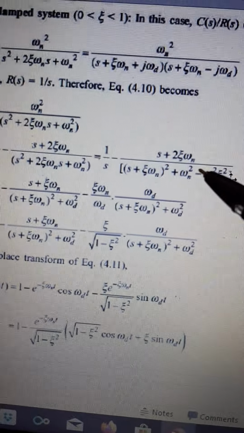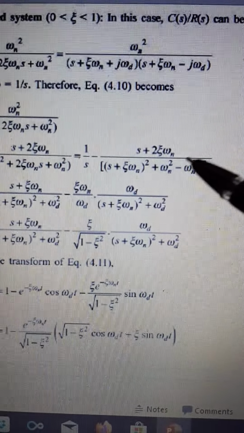That is why, in the above expression, all of you concentrate where I am showing. This expression will become omega d square.